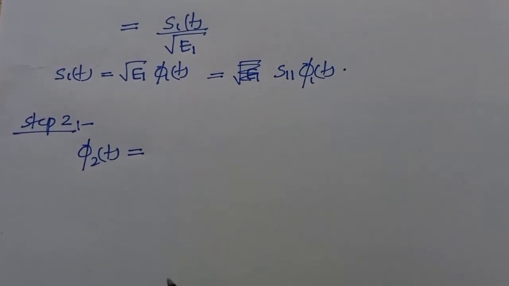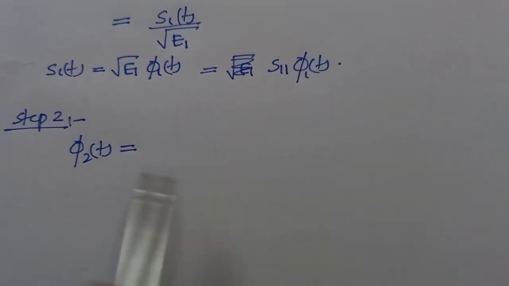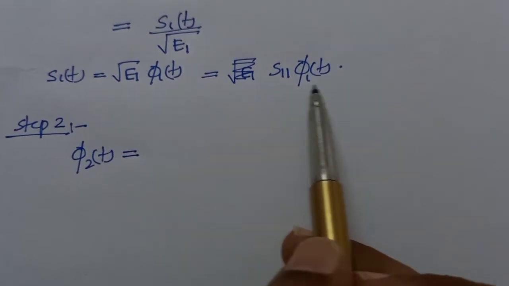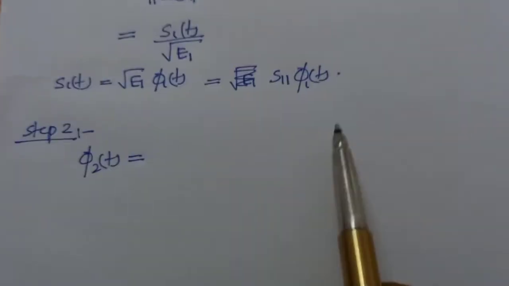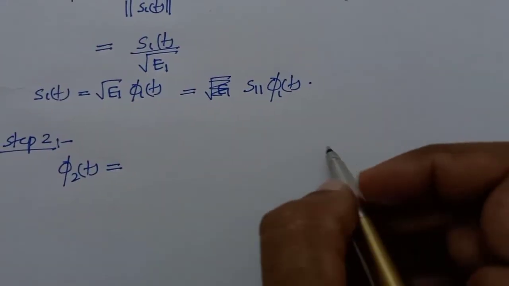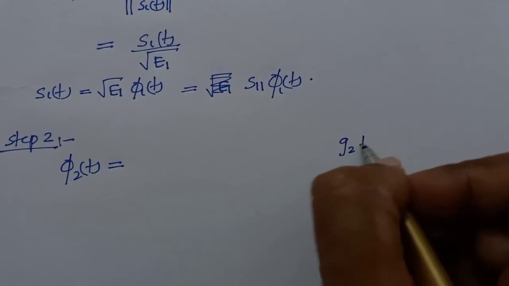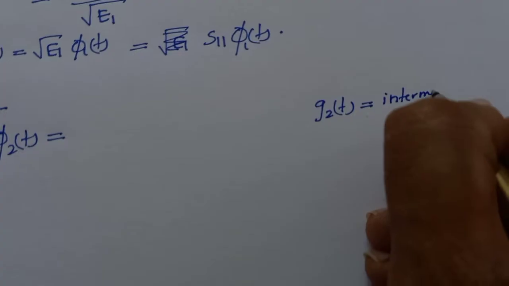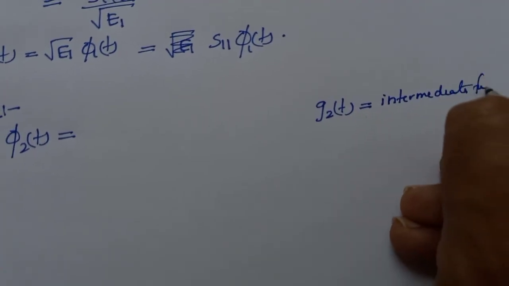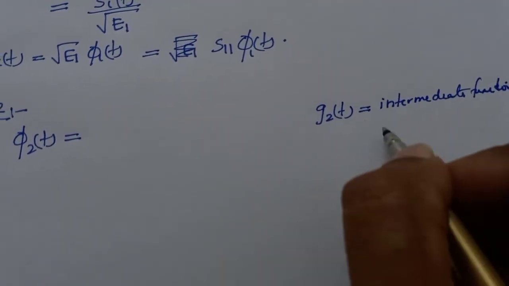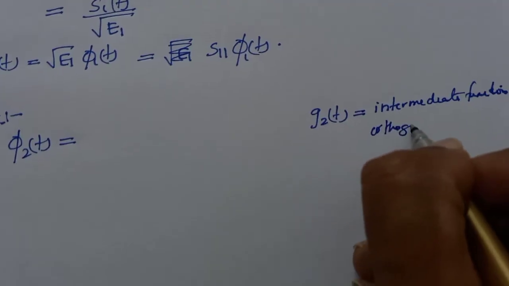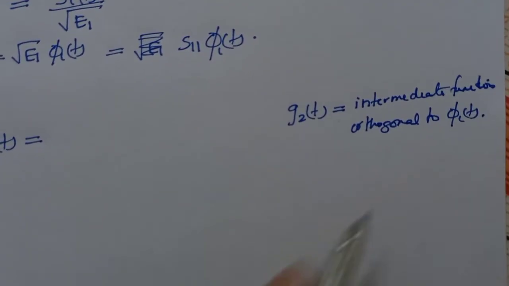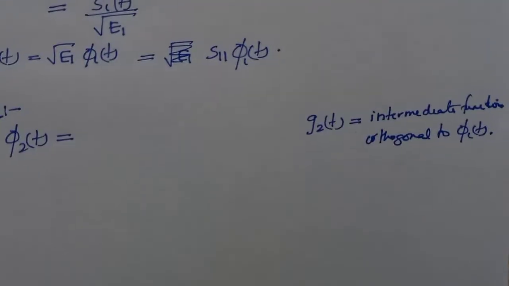From S2(t) we need to remove all the components related to the first axis, which is phi1(t). What remains I will write as G2(t). I will consider G2(t) as an intermediate function orthogonal to phi1(t).